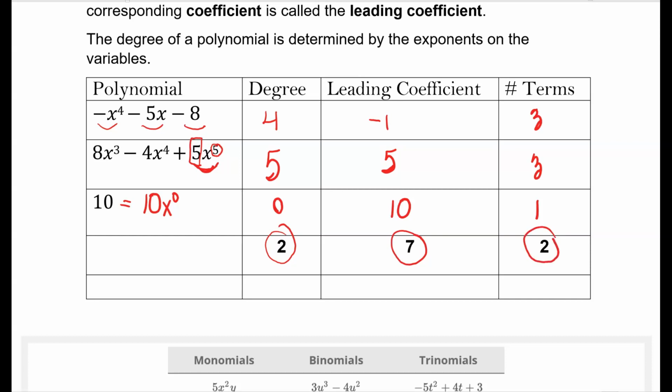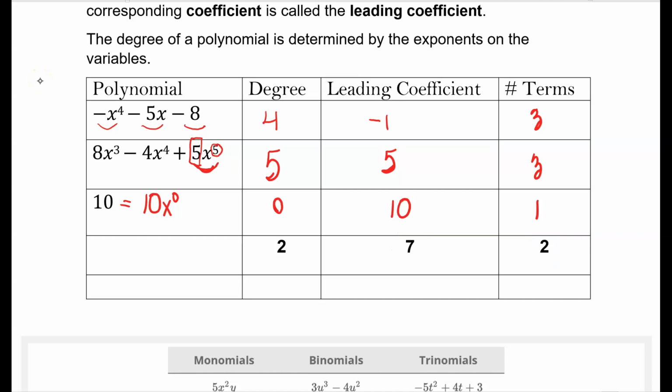So what I want you to do is pause the video for a couple of minutes and write a polynomial that is indicative of those 3 things. Check yourself. Does it have a degree of 2? Does it have a leading coefficient of 7? And does your polynomial have 2 terms?